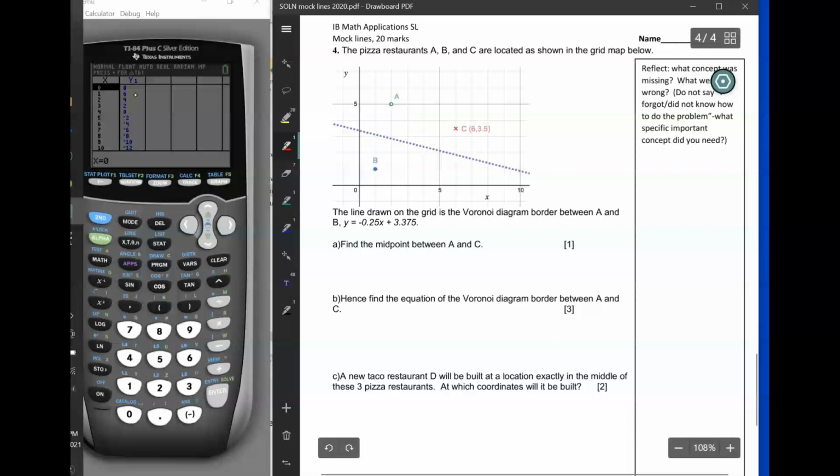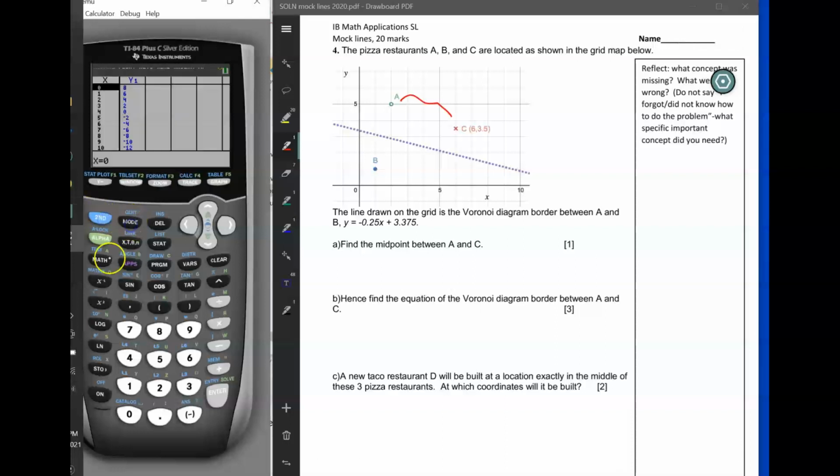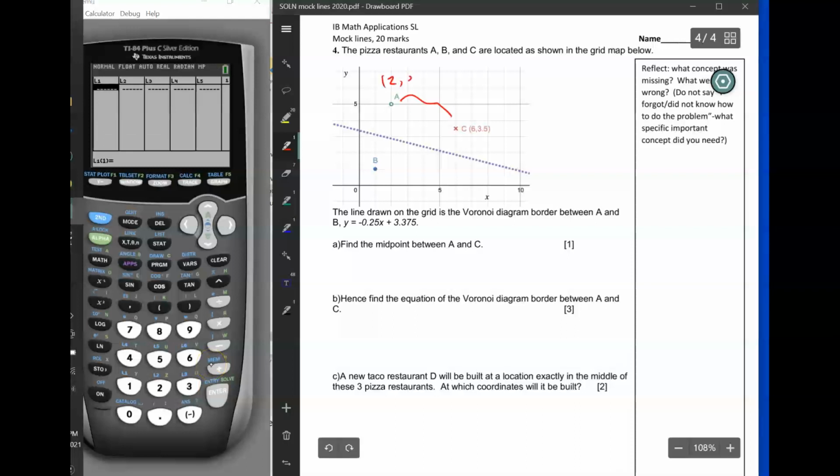Okay. Find the midpoint between A and C. We're going to find the midpoint between these two. You could use the midpoint formula, but of course, we could use stat, calc, 2-var stats. All we need to do is put the coordinates for A and C in the calculator. The coordinates for A appear to be (2, 5), right?